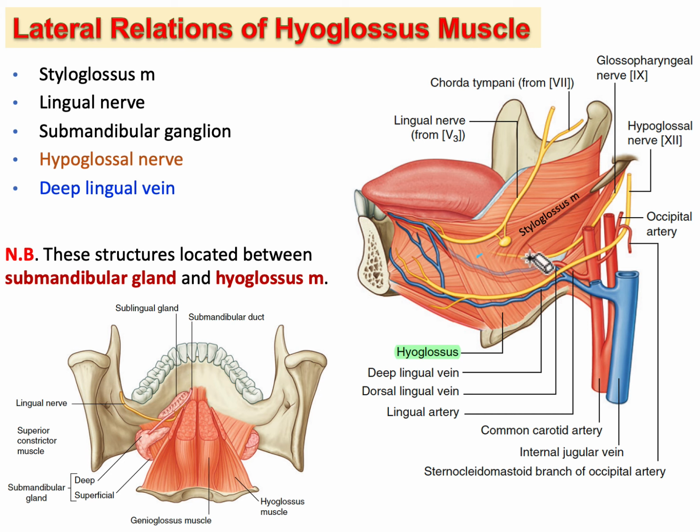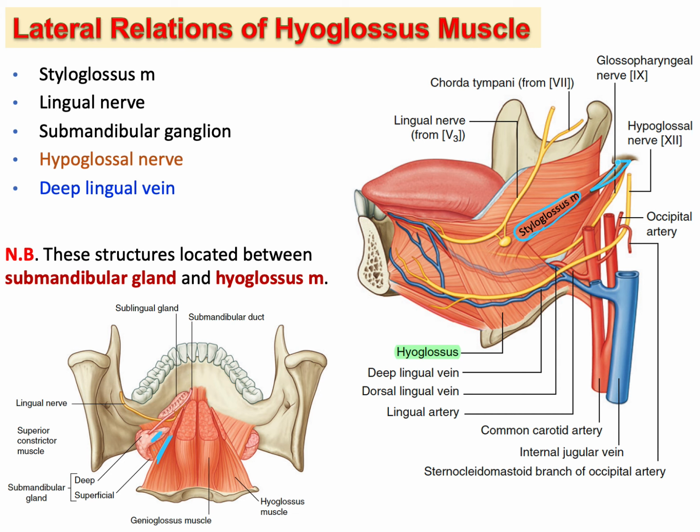So what are those structures, guys, located lateral to this muscle and medial to the submandibular gland? Okay, those structures are, guys, styloglossus muscle. This is the first thing, which is the muscle that originates from the styloid process of the temporal bone and inserts, blended, in the tongue.